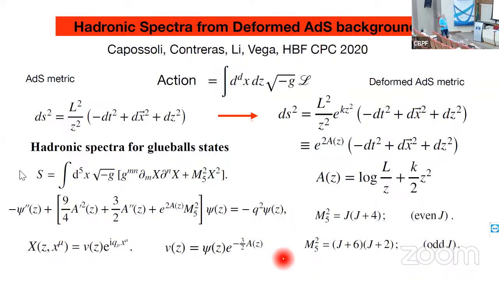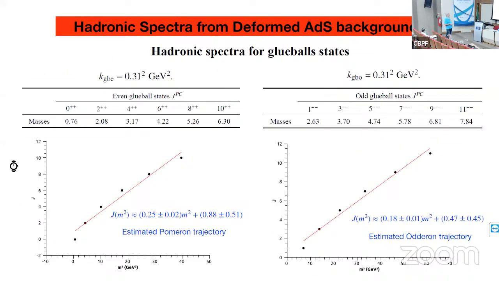In this model, it's possible to relate this 5-dimensional mass with the spin J of the glueball on the boundary, in the 4-dimensional theory. These are for even J or odd J. We have these relations, and these are the Regge trajectories of these particles.